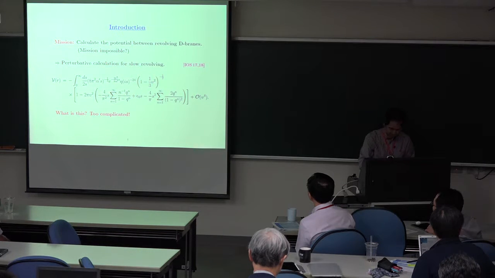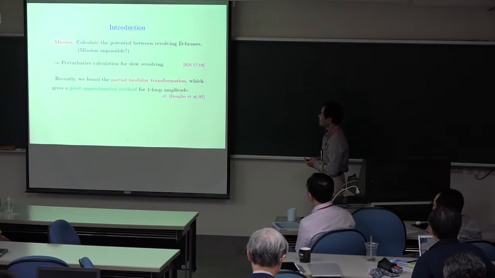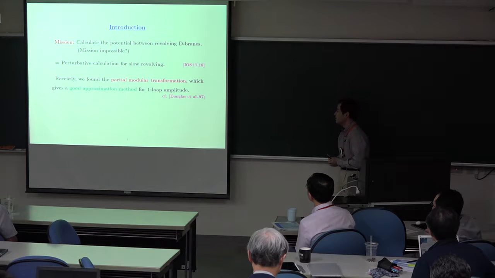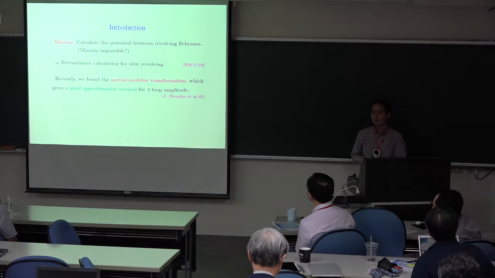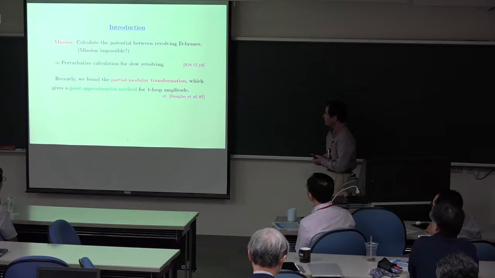And then recently we found a method called partial modular transformation, which was briefly explained by Iso-san in the previous talk. This turned out to give a very good approximation, for example, of the one-loop partition function. Basically the same idea was already used in this paper in some qualitative argument.